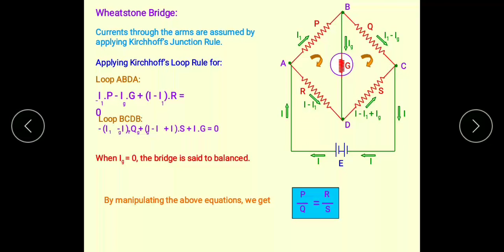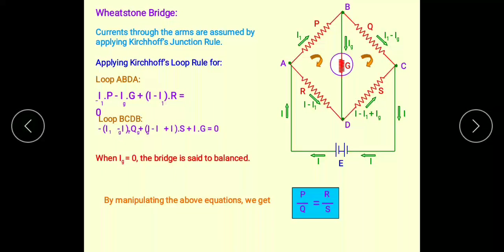If we put Ig equal to 0 in both these equations and solve them, try this in your notebook. Put the value of Ig equal to 0, and if you solve these equations, you will get this equation.